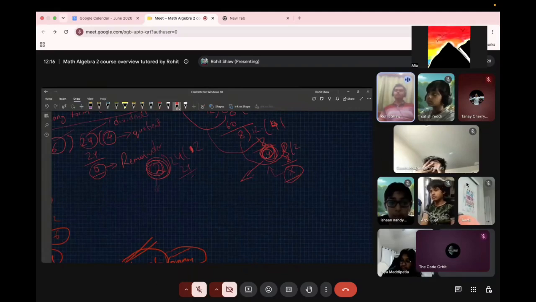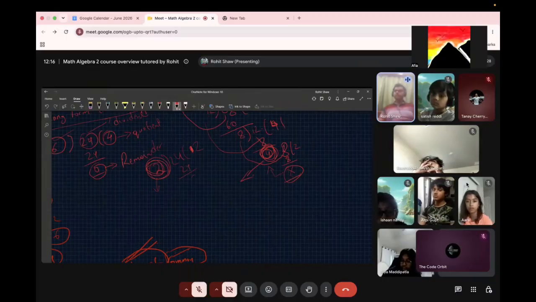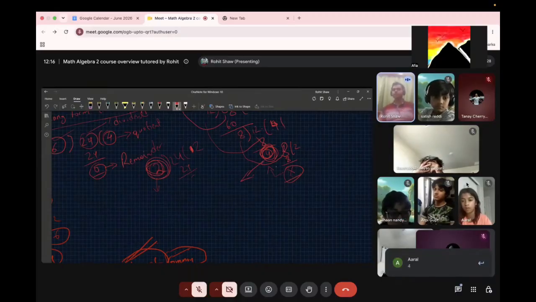So for which number are we getting the remainder as 0? For 4. So 4 is the highest common factor or greatest common divisor.